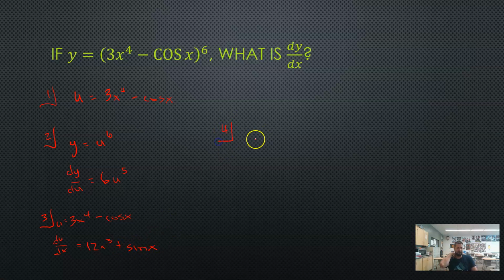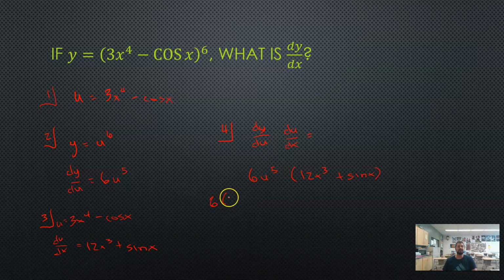Then step number 4 is I multiply dy du and du dx together. When we do that, we get 6u to the 5th multiplied by 12x to the 3rd plus the sine of x, which is technically the correct answer, but really when we write them, we should put our answer in terms of one variable and one variable only.